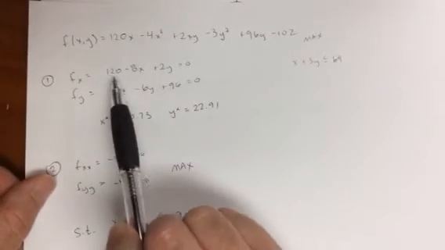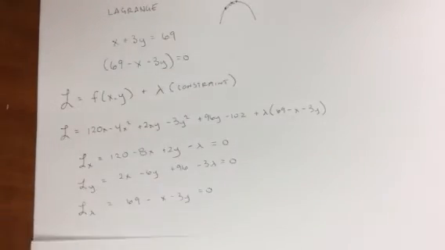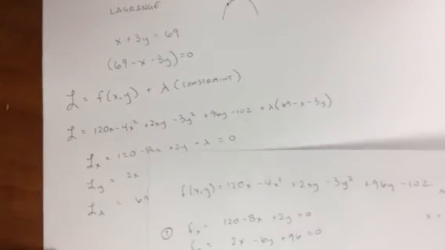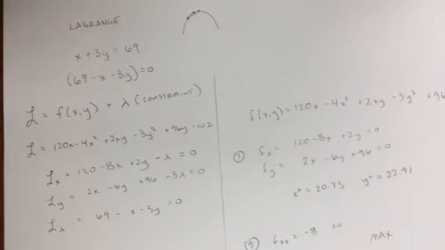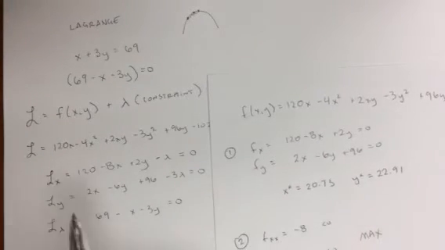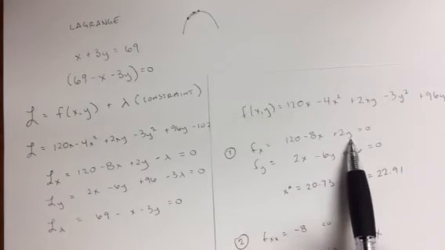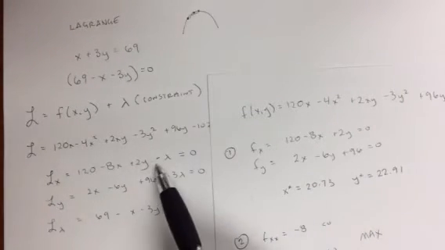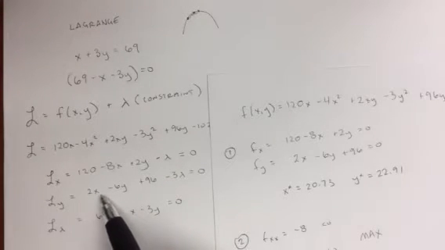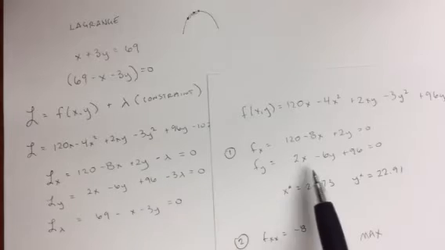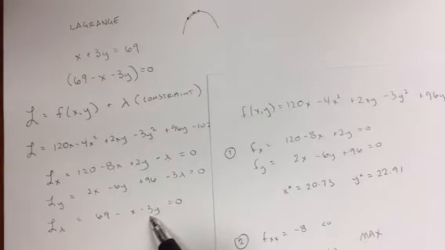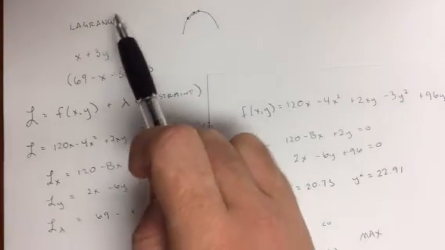What you'll notice is that when we did this with a constraint, the first order conditions look very similar. 120 minus 8x plus 2y. That's exactly what we had over here with the unconstrained. The only difference is now we've incorporated lambda. Same with this partial derivative with respect to y. We've incorporated a lambda compared to what we did before. And lastly, the third condition is just simply the constraint that we had of x plus 3y.